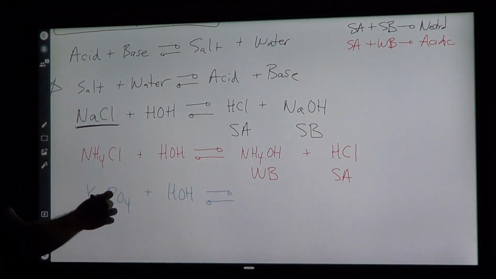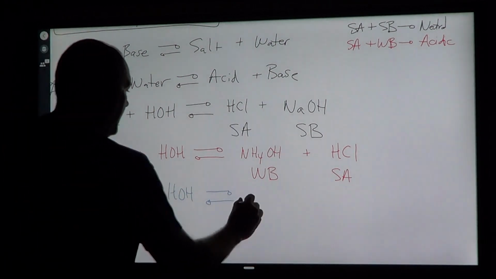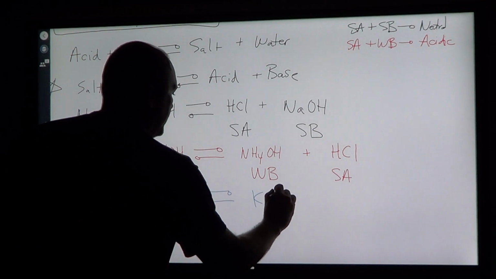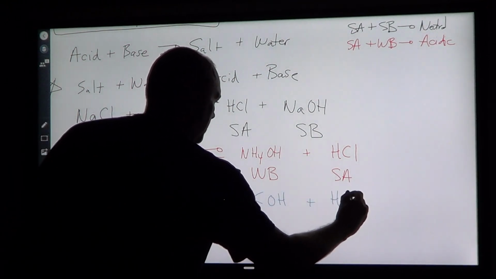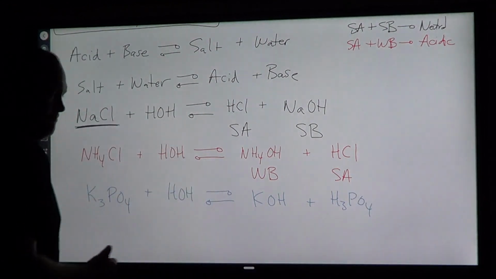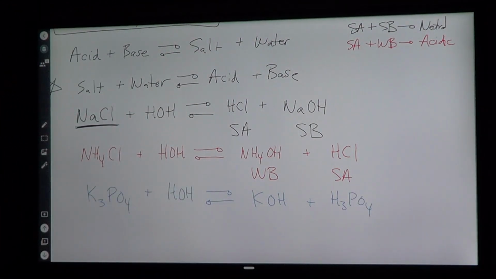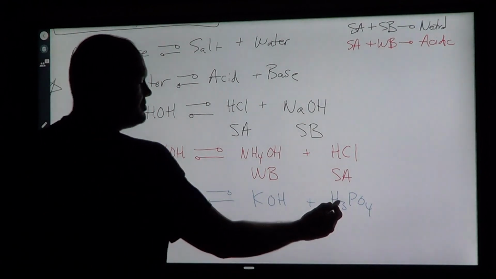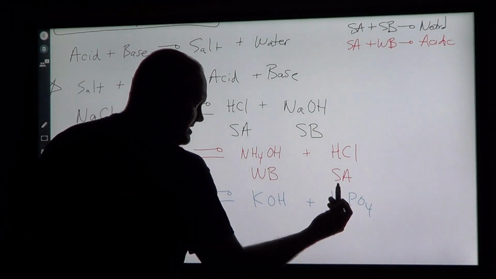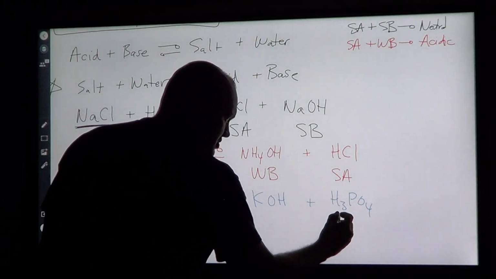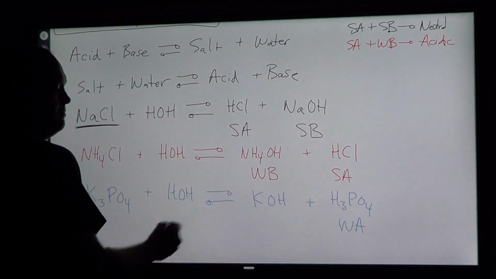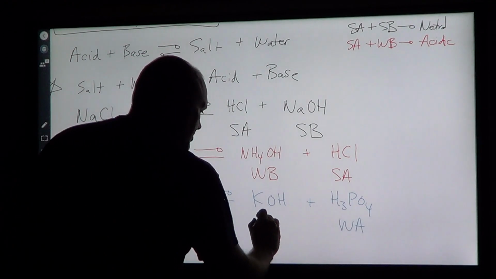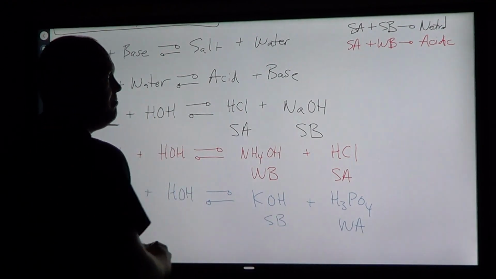If the potassium phosphate performs hydrolysis, you're going to get KOH, and you're going to get H3PO4. Okay. Now, even though phosphoric acid is triprotic, it is still not one of the 6 that's a strong acid. So this is a weak acid, but potassium hydroxide is a strong base.